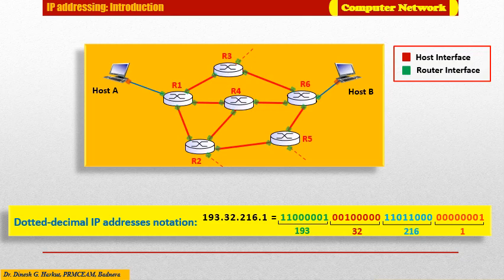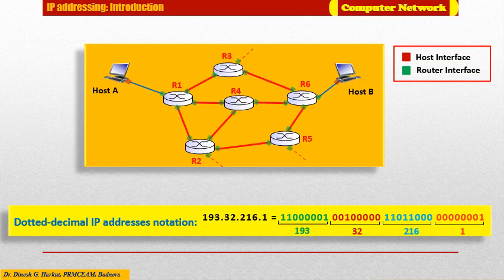And the boundary between the router and any one of its links is also called an interface, indicated by a red mark here. Similarly, the boundary between the router and all of its physical links, typically indicated by a green mark, are nothing but the interfaces. Router thus has multiple interfaces, one for each of its links.